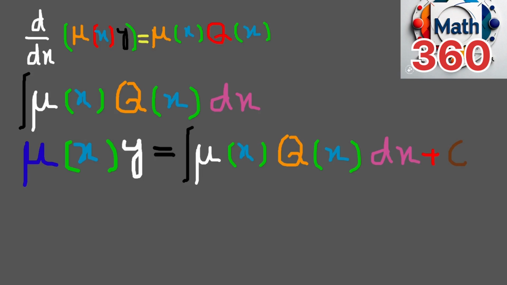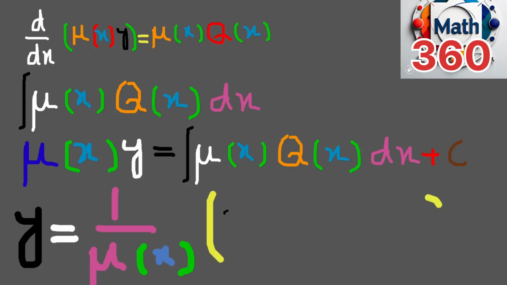This constant c arises because indefinite integration introduces an arbitrary constant, reflecting the fact that there are infinitely many antiderivatives differing by a constant. To isolate the solution for y, we divide both sides by the integrating factor mu of x, giving y equals 1 over mu(x) times the integral of mu(x)q(x) dx plus c.